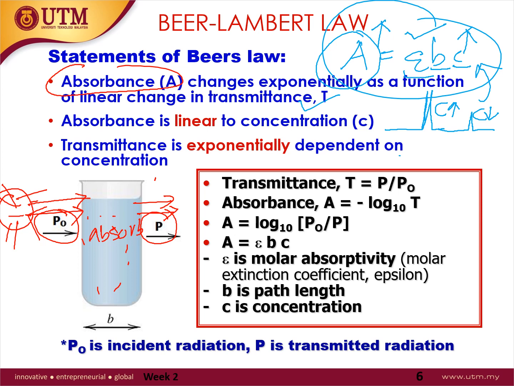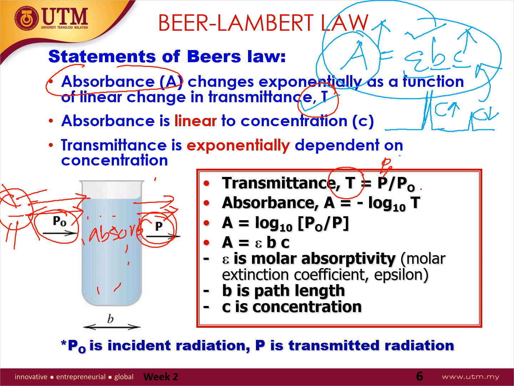So that's why absorbance changes exponentially as a function of linear change in transmittance over here. So transmittance equals P final divided by P initial. That means how much is left as compared to the initial? Of course it is less, right?